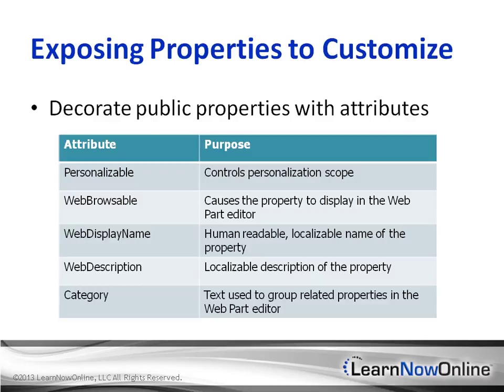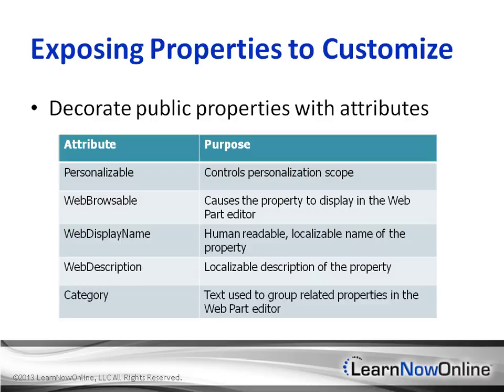And then the web display name is used, let's say if you have a non-user friendly property name, this allows you to rename it and make it something more friendly. And same thing with the description, it allows us to add a description to the property that'll show up in the UI.